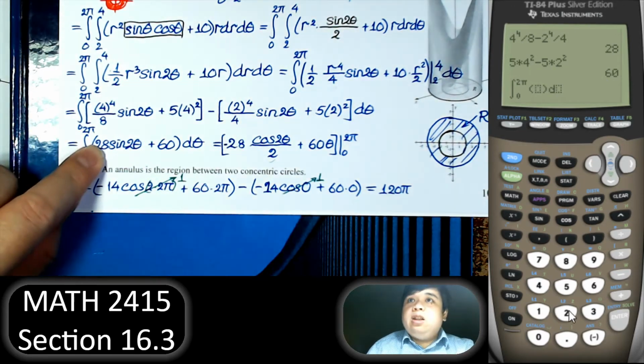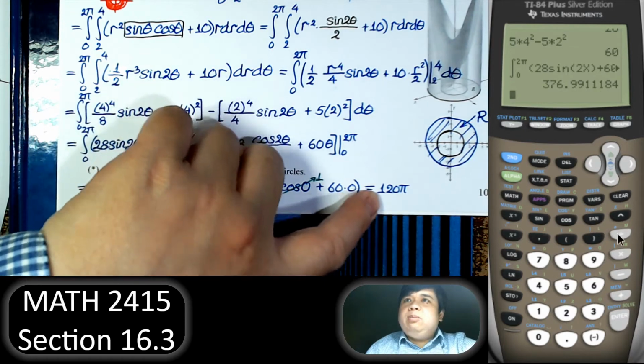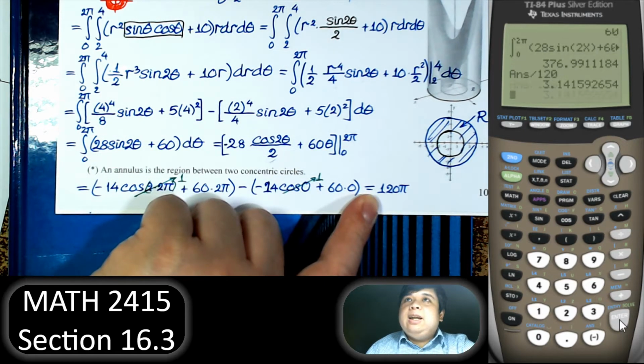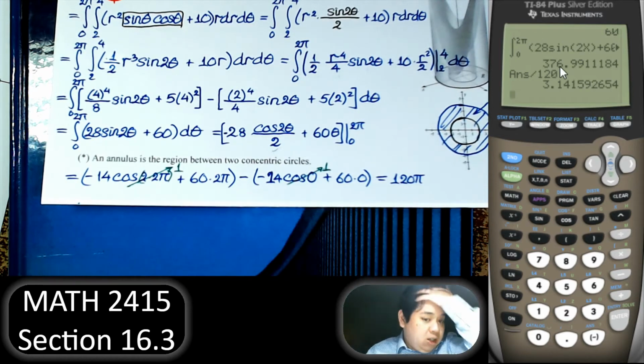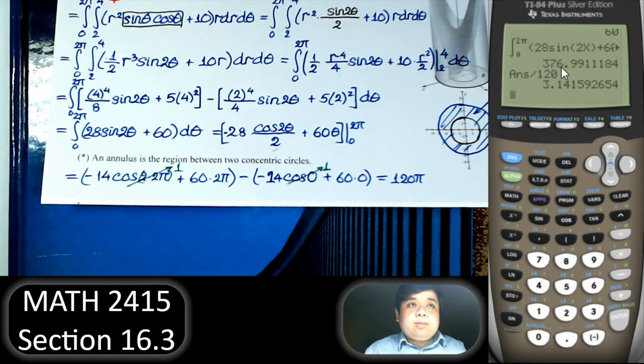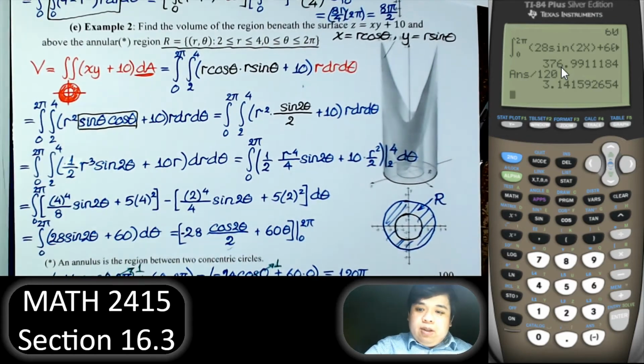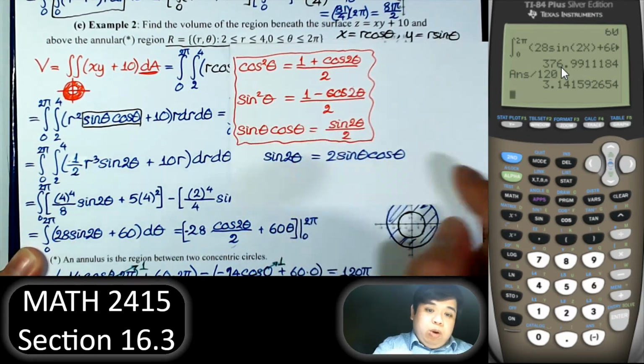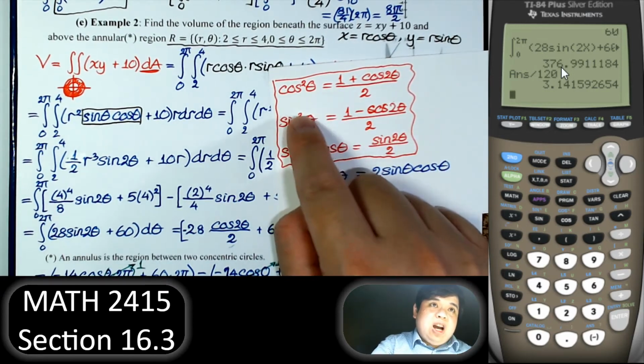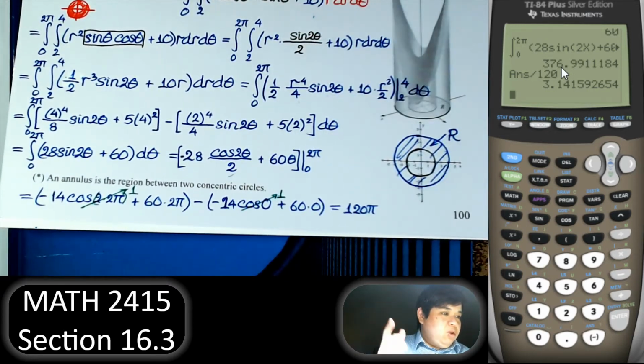I will just enter this 28 sine of 2 theta plus 60, that's 120 pi, so that divided by 120, yes, that is pi. So the answer is correct. So 120 pi. It's not that bad. And those will come in handy if we have cosine squared, sine squared, or sine times cosine.